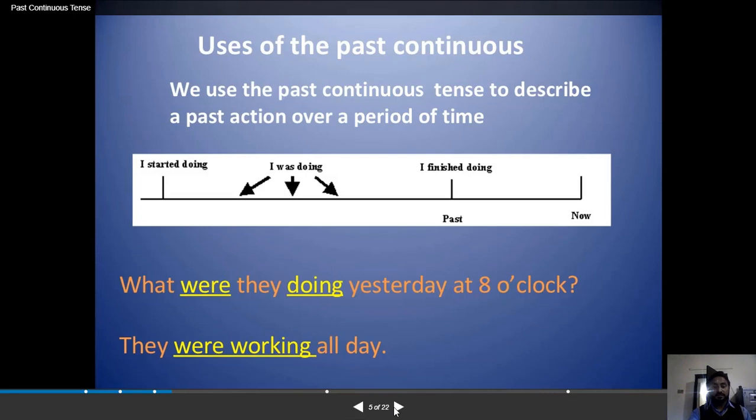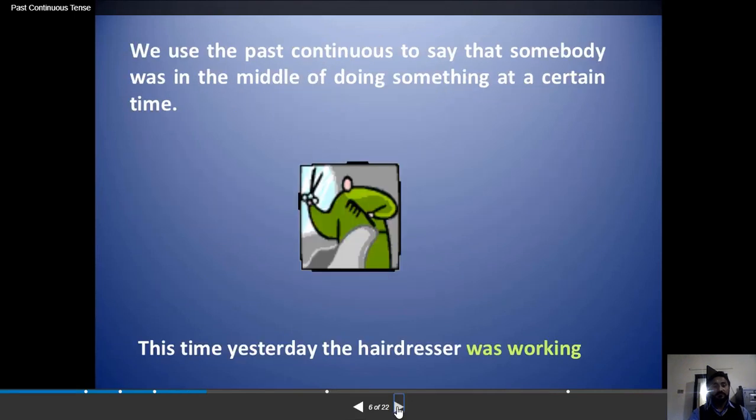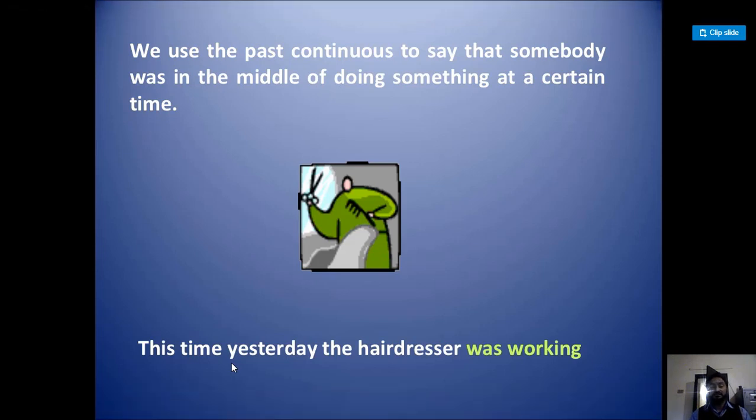Now let's discuss another use of the past continuous tense. We use the past continuous tense to say that somebody was in the middle of doing something at a certain time. Here you can see, this time yesterday the hairdresser was working.